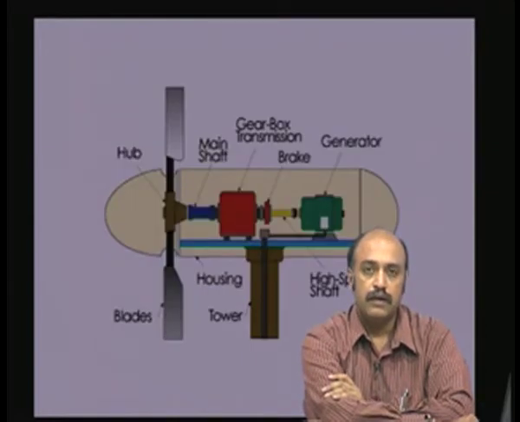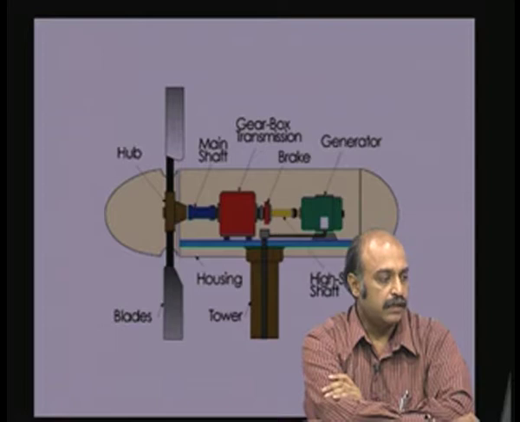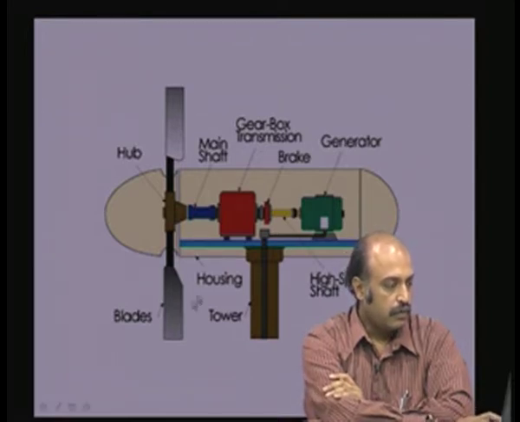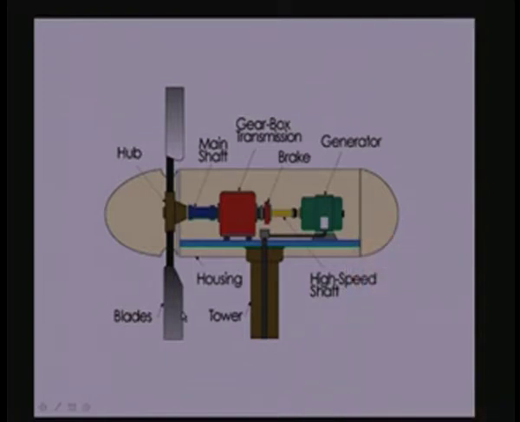The wind generator looks something like this. Here are the blades, which are the ones in contact with the moving air, and the kinetic energy stored in the air is given to the shaft of the blades. Now, these blades are connected to a shaft here.